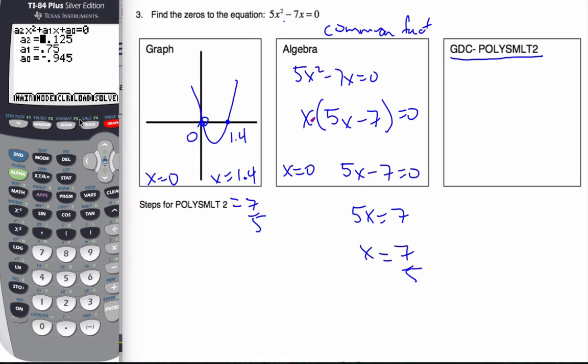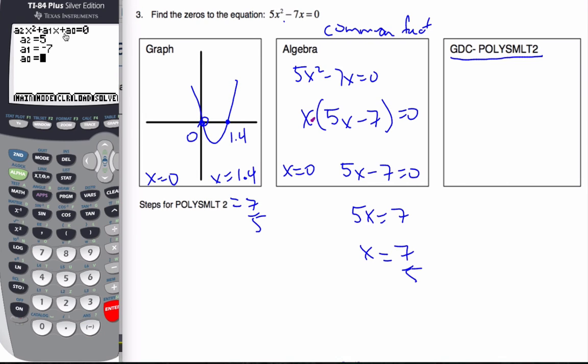And then I go through and I add values to here. I'm going to clear that, clear that, clear that. Now, A2 is the value in front of the x squared, which in this case is 5. Hit enter. A1 is the coefficient in front of x, so that is going to be negative 7.